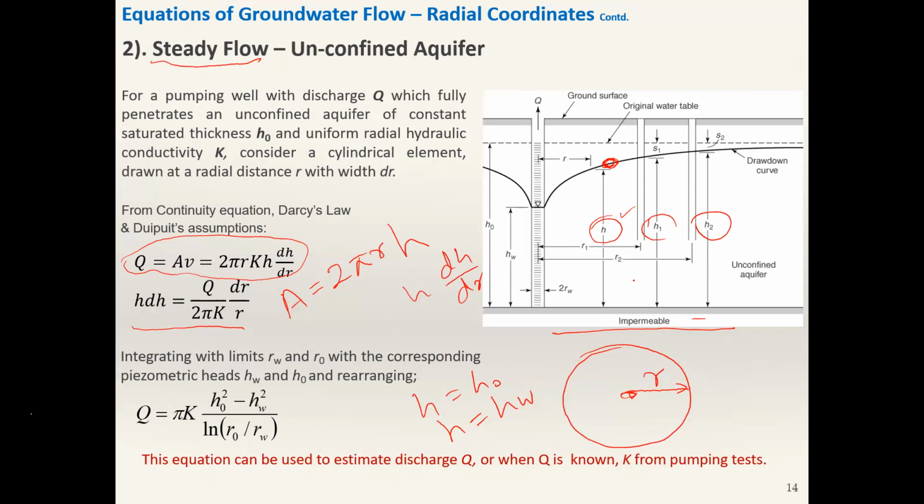For example, if you see this cross section from the top, the flow rate Q is coming in and the same Q is going out and coming to the well. And that Q is going out from the pumping well. Right? So that is the case when the flow is steady in an unconfined aquifer.